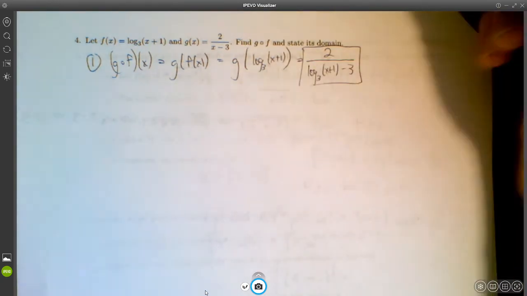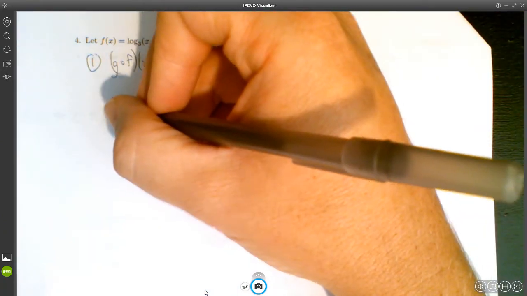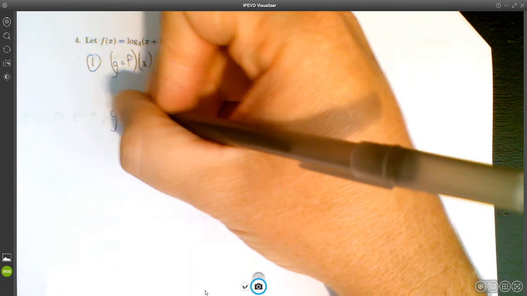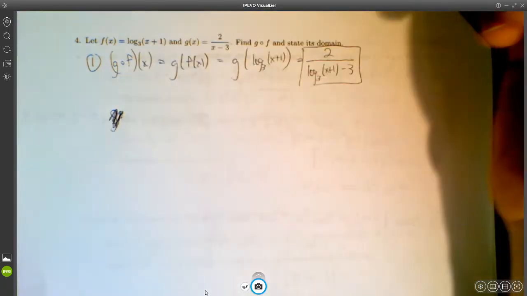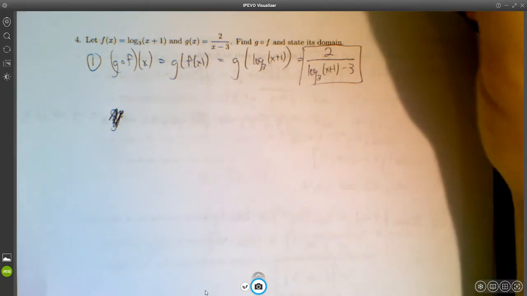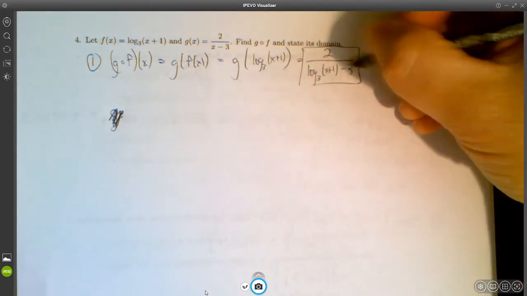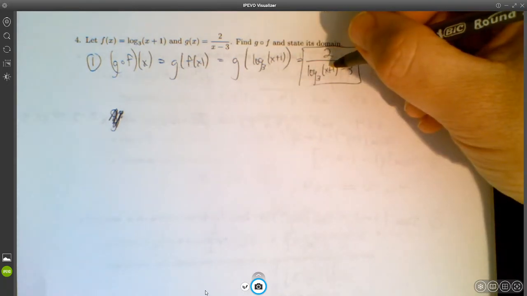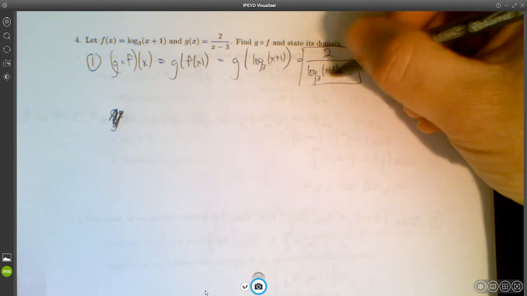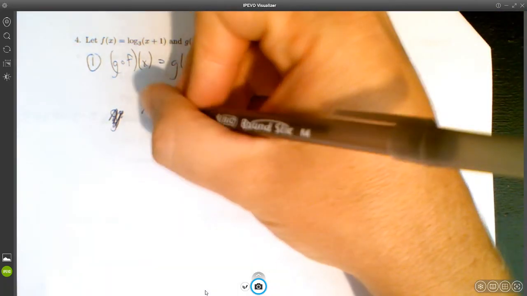But now I need to find the domain of g of f. In order to do that, I'm going to find the domain star of g of f, which is what I've been calling it. So here's what can go wrong with this function. First of all, for a logarithmic function, we need the argument to be strictly positive, so we need x plus 1 to be strictly positive.